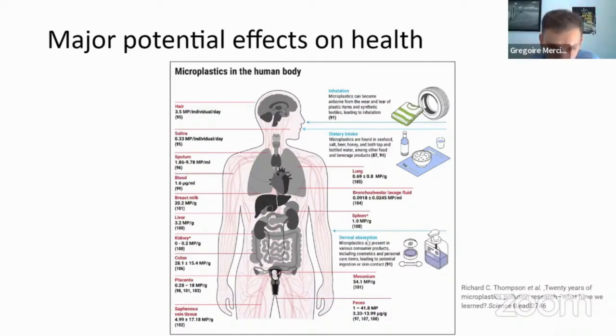And also there is an interesting description of the sources of microplastic. Of course, dietary intake is probably the most important one, but we also have to mention inhalation, and that's, for instance, the case of microplastics that are from synthetic cloth, and also from tires that are disseminated across the air, and so inhaled.